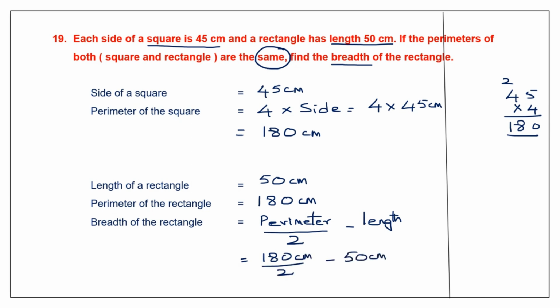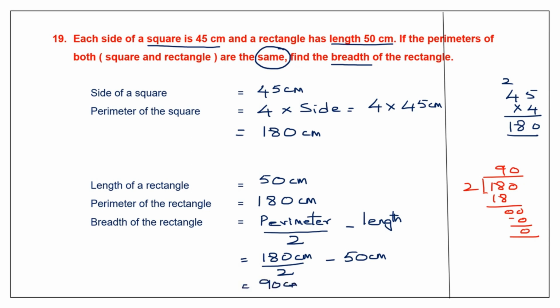So the first thing we need to do is divide 180 by 2. 180 divided by 2, we have 18 there, so 2 nines are 18, minus 0, carry the 0 on top. So we have 90. So this was 90 minus 50.